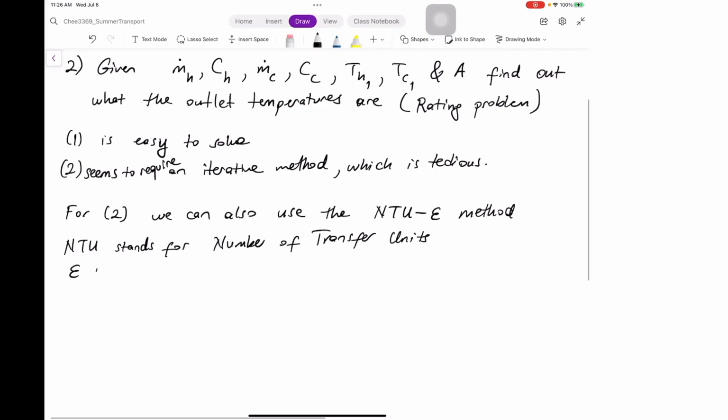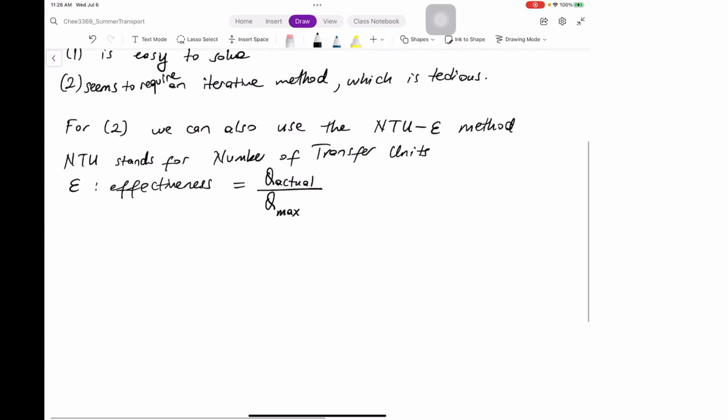Epsilon is the effectiveness. Effectiveness is nothing but the ratio between the actual heat transfer rate and the maximum heat transfer rate possible.